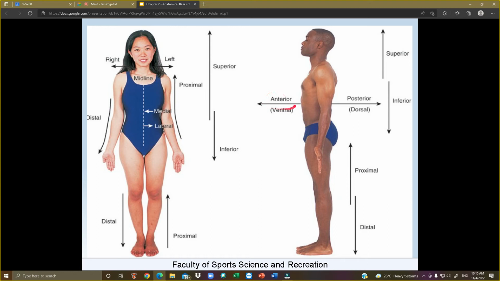Okay, if we compare our chest, our pectoralis major and our deltoids, which one is anterior, which one is posterior? Deltoid posterior. Okay, how about our traps and our hamstring?